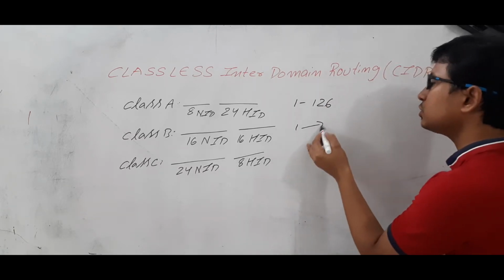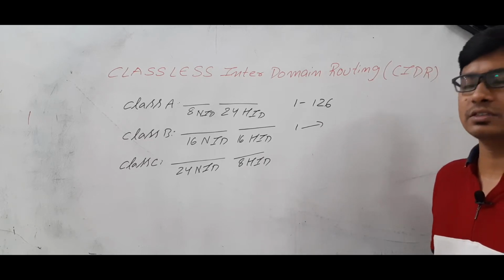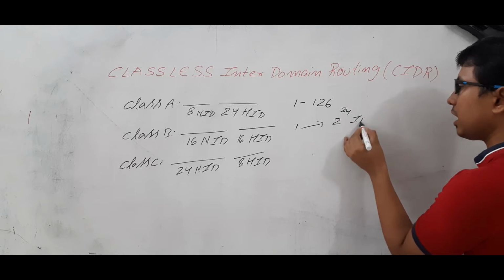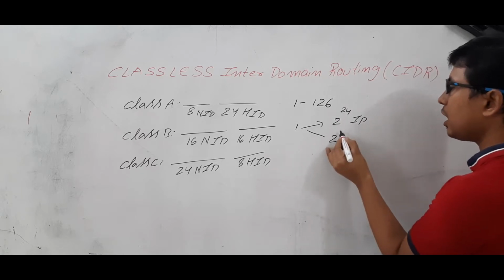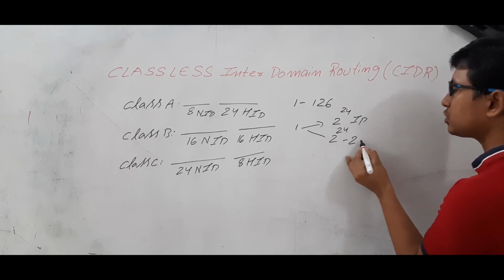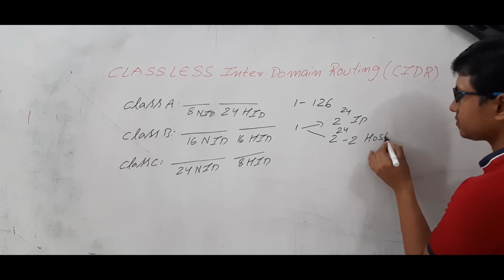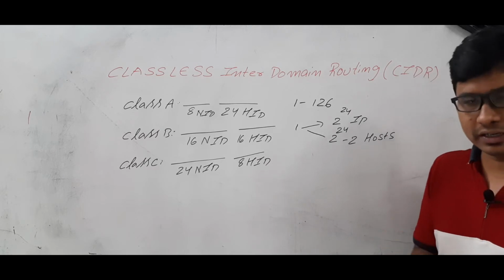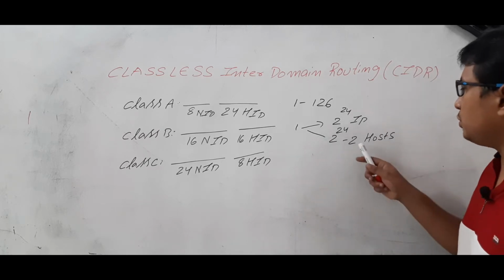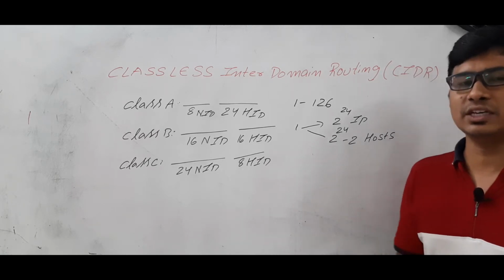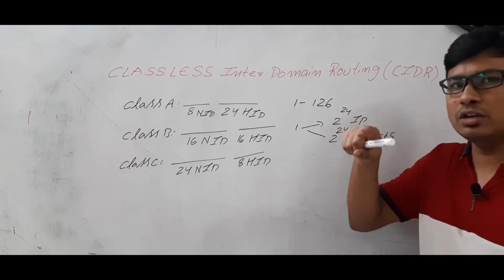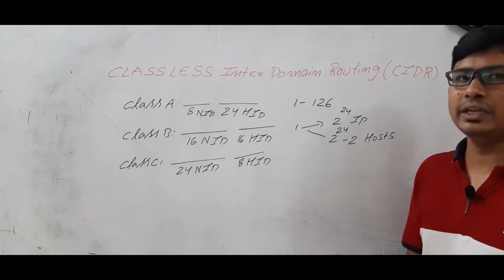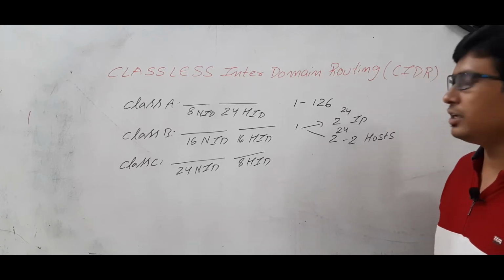How many hosts, or how many IP addresses, can you have? You can have 2 power 24 IP addresses, and 2 power 24 minus 2 hosts. Is it clear? Two IP addresses you cannot assign to any host: all zeros in the host ID part and all ones in the host ID part. Why it is so, I have discussed in earlier videos.